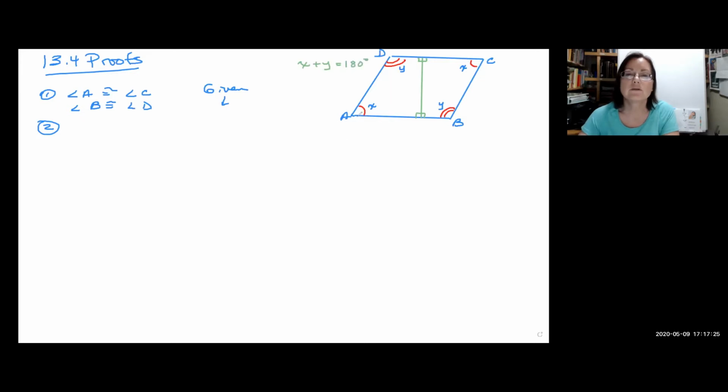If I add the measures of the angles together, the measure of angle A, or I could actually say X plus Y because I've given them algebraic labels, the measure of angle A is X, and so on.